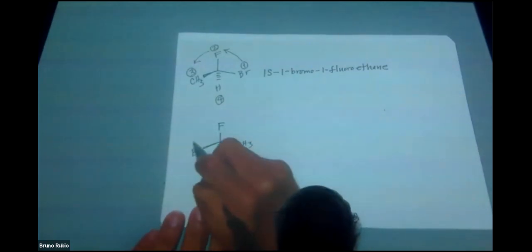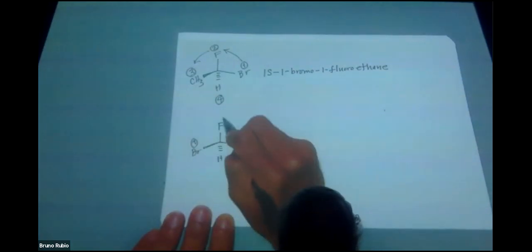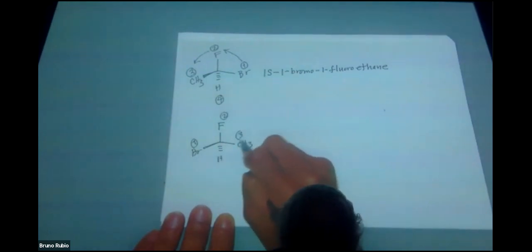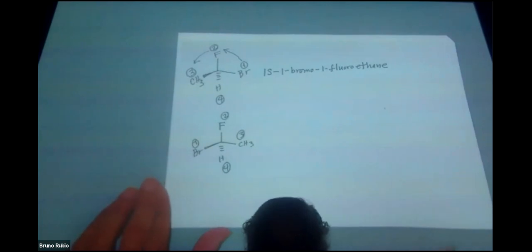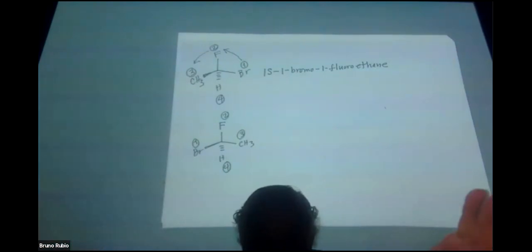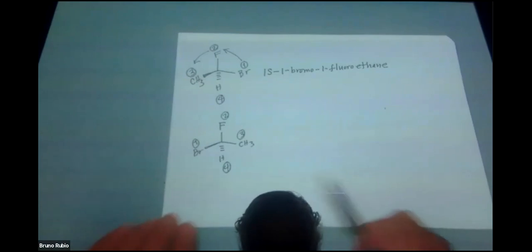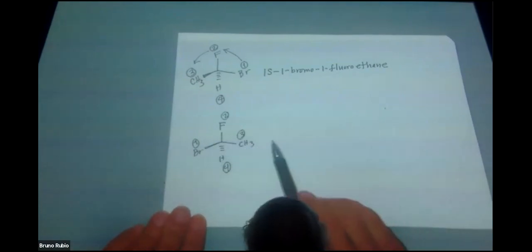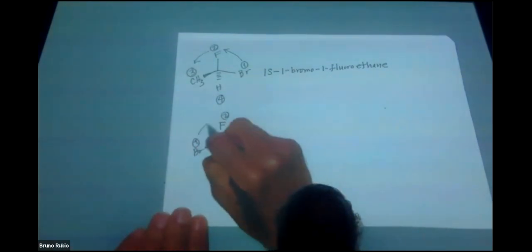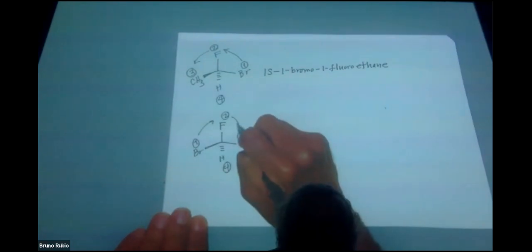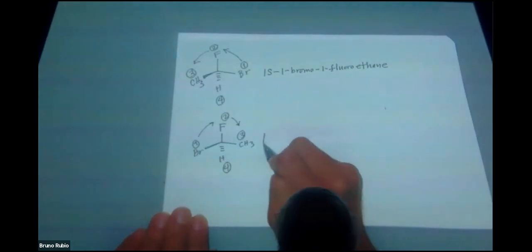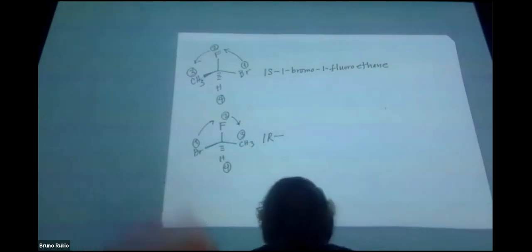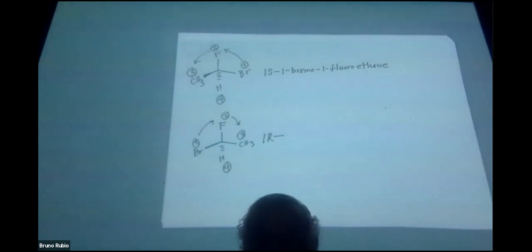We're ranking everything by atomic number high to low. With the group of lowest rank pointing away from you, which it is here, this is an easy problem. We note the sweep of the top 3 ranks. We go from 1 to 2 to 3, and this is a clockwise sweep. So this would be called 1R, 1-bromo-1-fluoroethane.